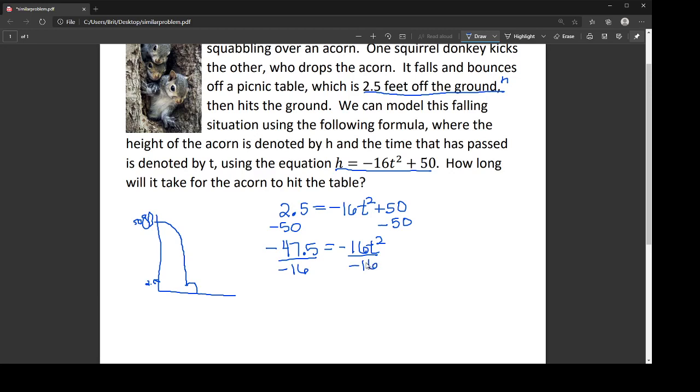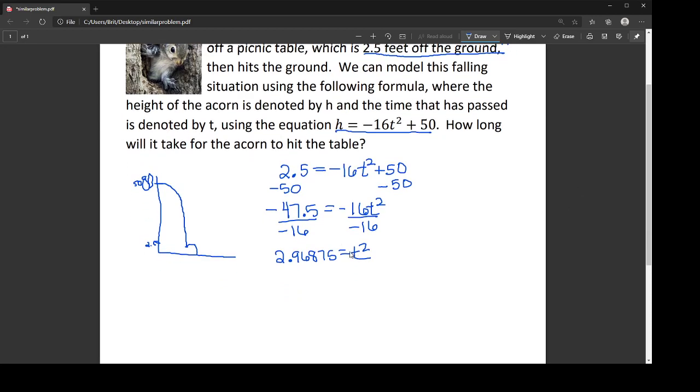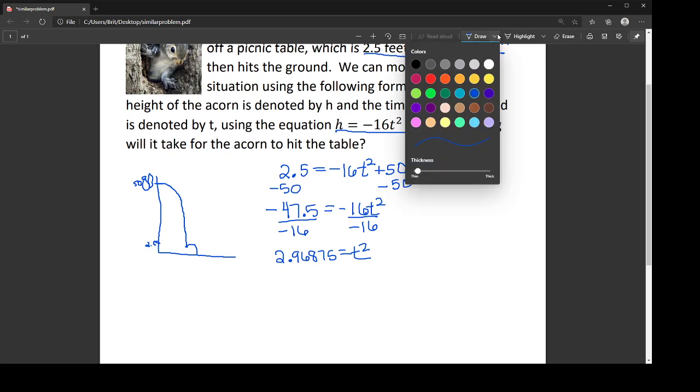Oh, this is going to be ugly. Okay, and I'm getting a number, it's 2.96875. Now it's important to note that here, this needs to be a positive number, because to get rid of the square on the t, I need to take a square root. And until our next section, you haven't learned how to take a square root of a negative number.